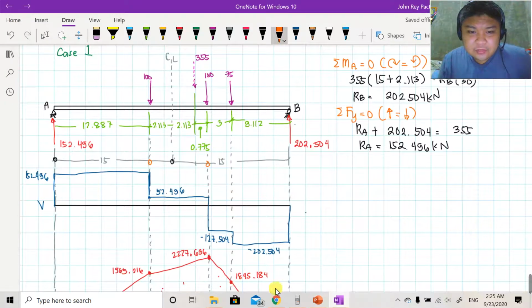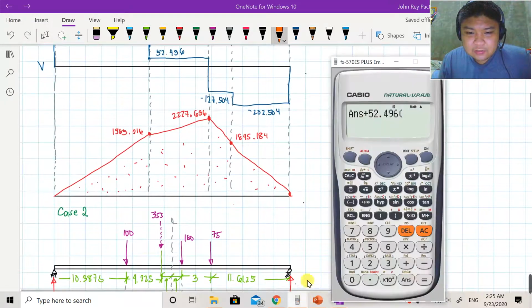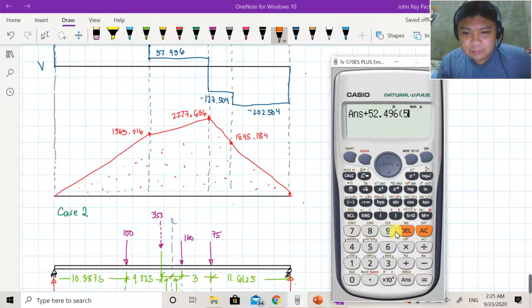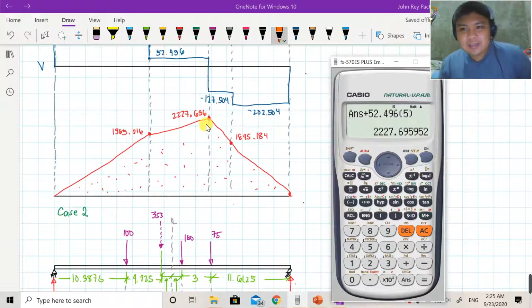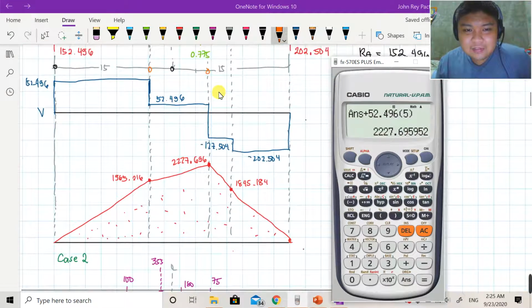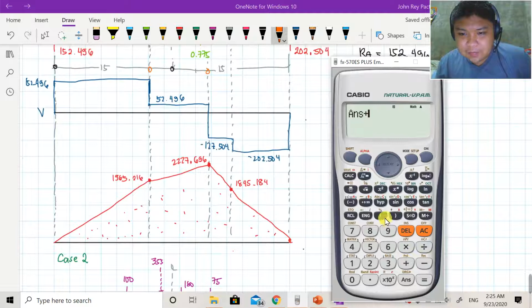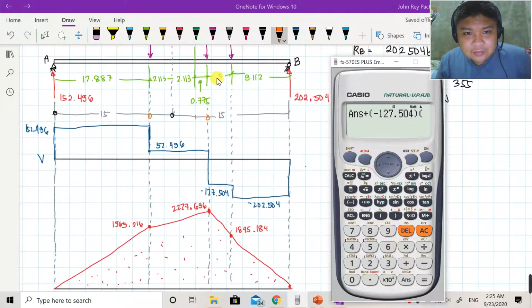So, therefore, back to this. What happens, class, is you just multiply by 5. So, the result is 2,227.696 kilonewton meter. Next, since here it is negative, plus negative 127.504. Then, their distance is 3 meters.